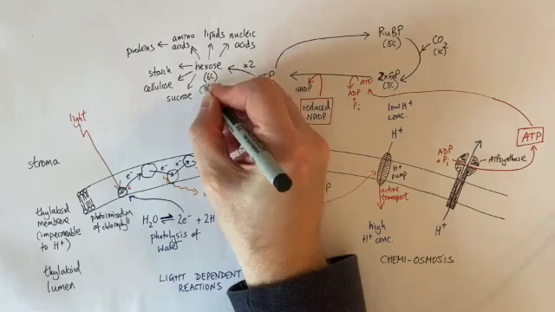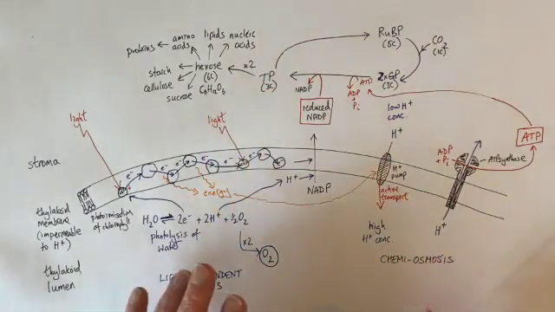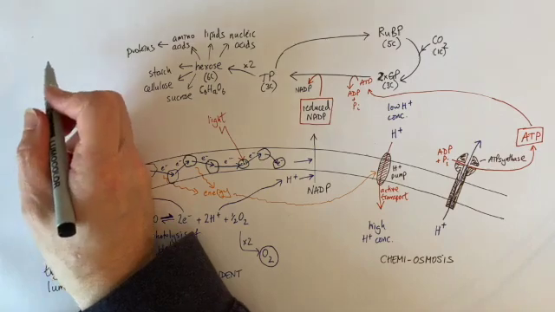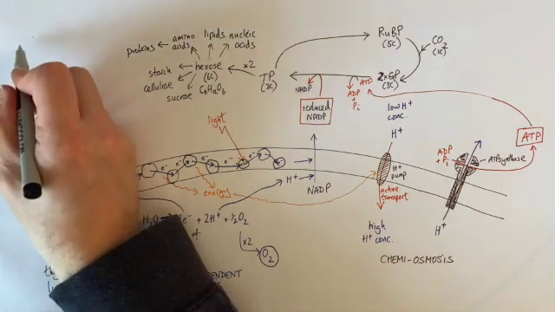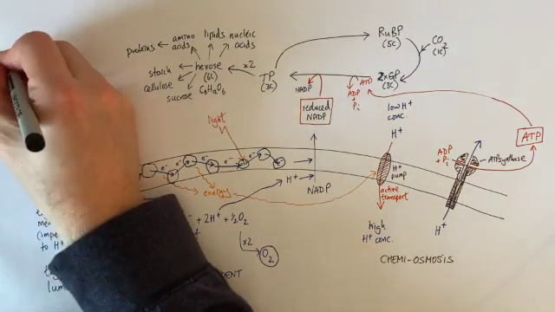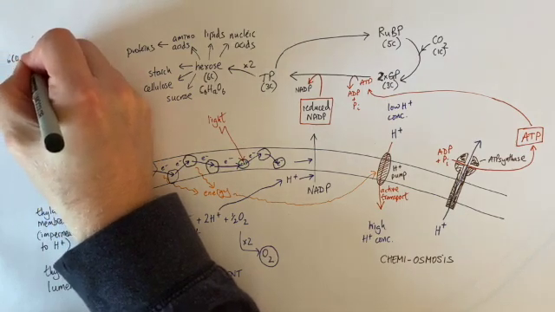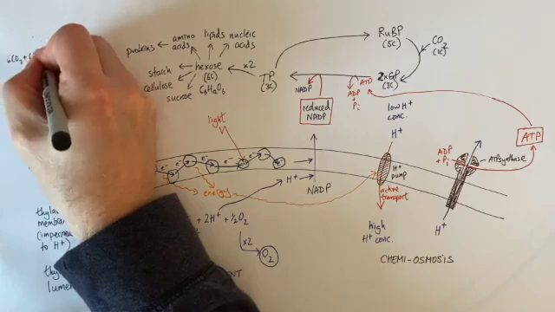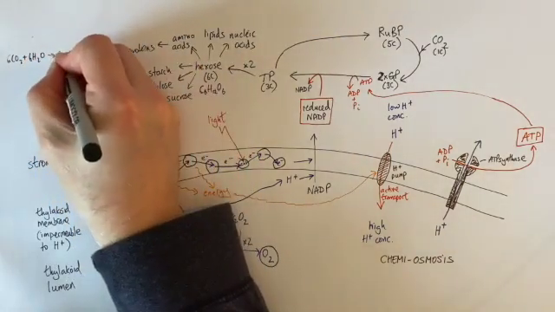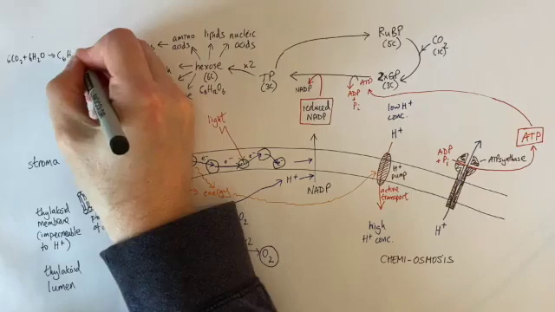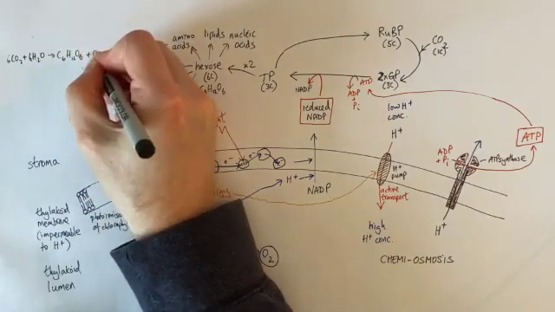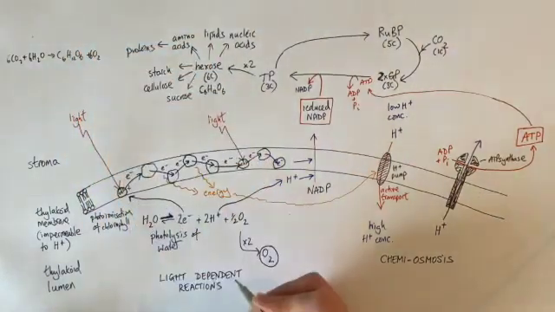And now we can join together everything and summarize. If we think about our photosynthesis equation, which is 6CO2 plus 6H2O gives C6H12O6 plus 6 oxygen.